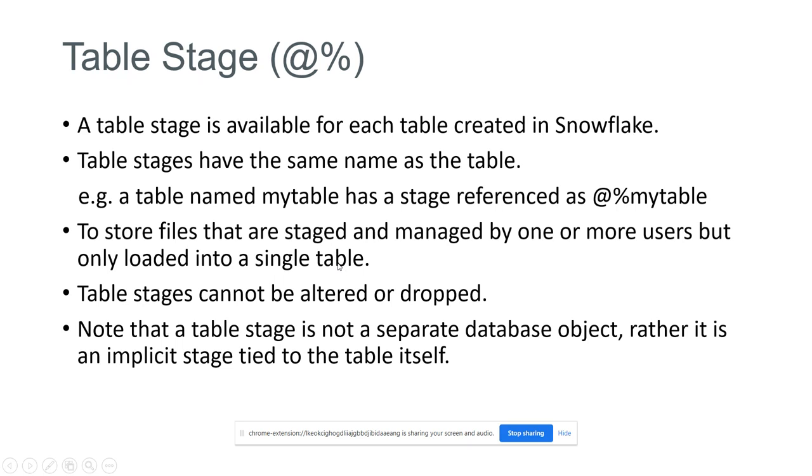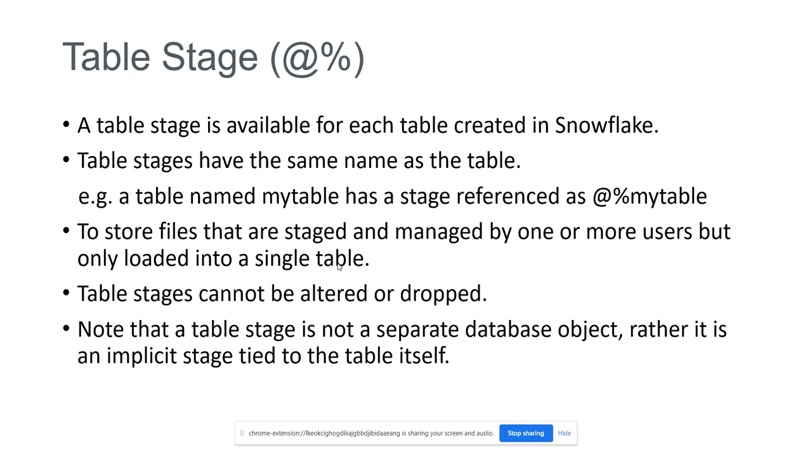Suppose there is a table in the Snowflake database by name customer. I have some customer data file with me, and another user has some other customer data file on his desktop or server. We both can copy those files to the table staging area of customer.